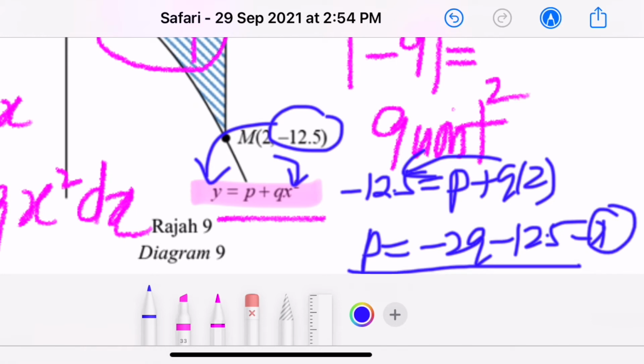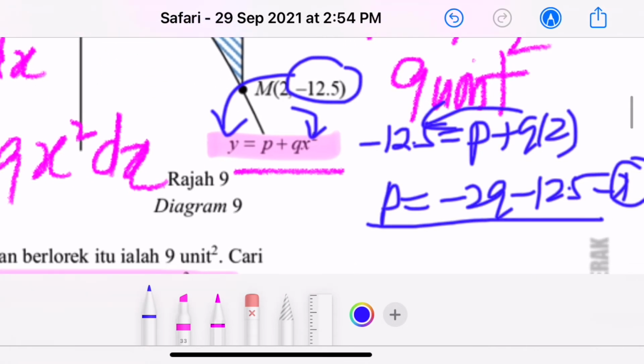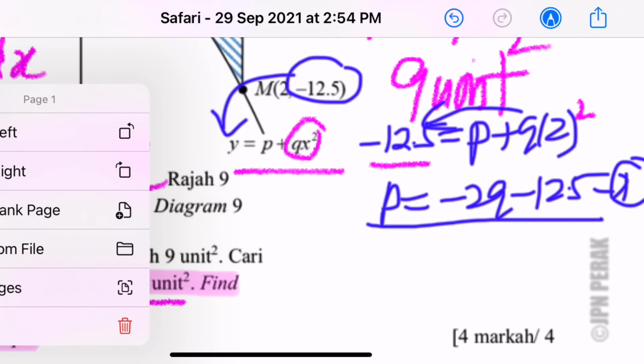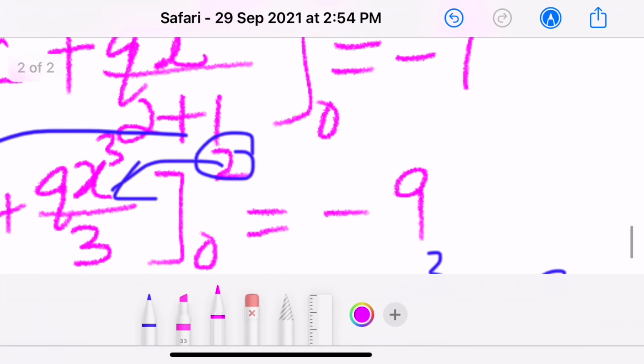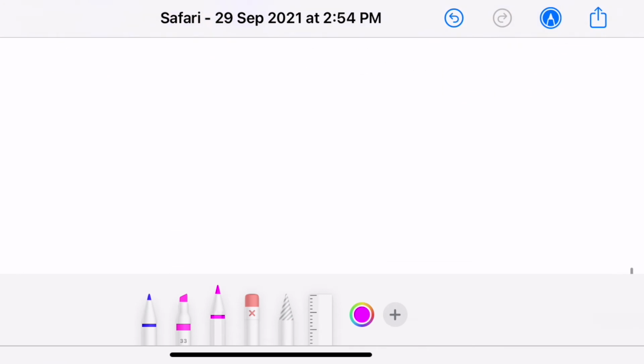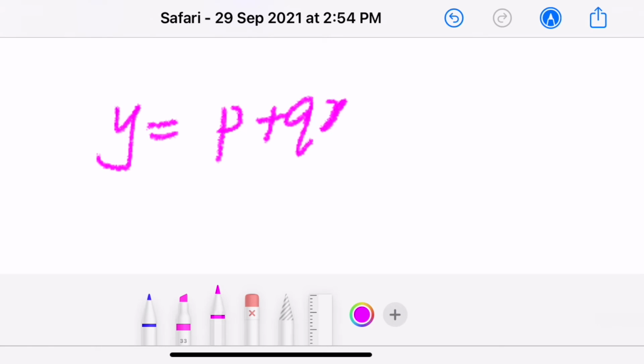Wait, let me see. Oh, okay, this one has a square, so we have to substitute the square here. Double check. From the equation just now, y is equal to p plus qx squared, right?